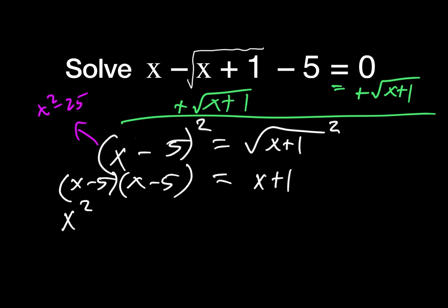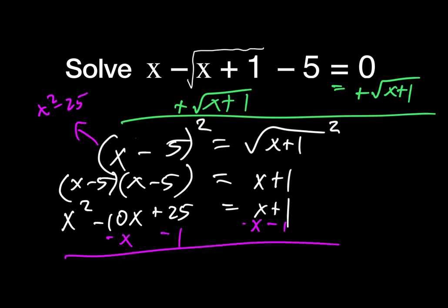X squared, I'll have minus 5x and minus 5x for minus 10x, then plus 25 equals x plus 1. And now I'm looking like a quadratic again. Solving quadratics, set them equal to 0. Subtract x and subtract 1 from both sides. X squared minus 11x plus 24 equals 0.